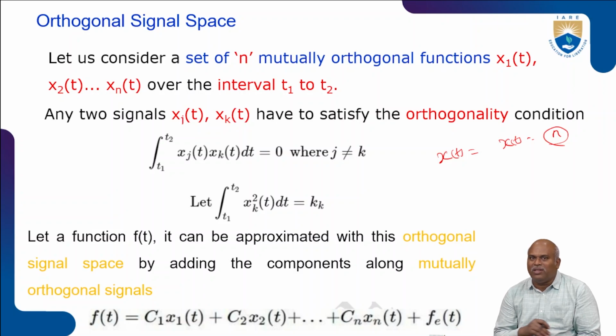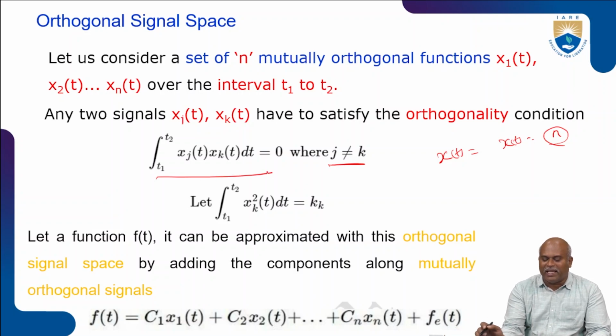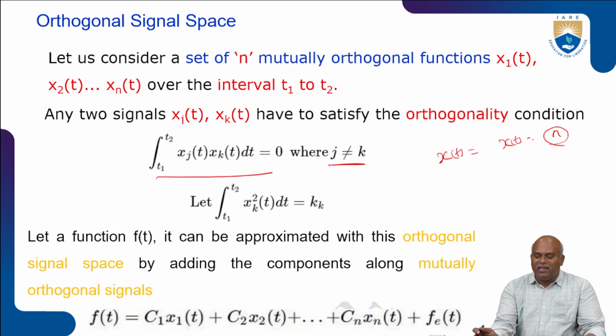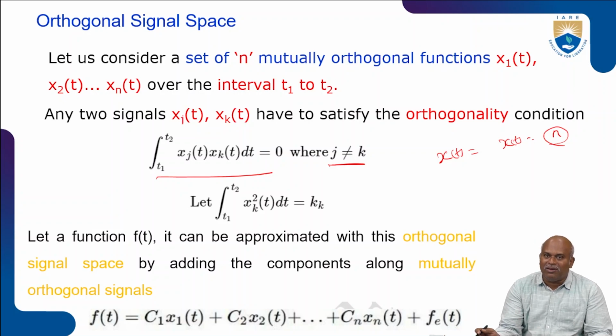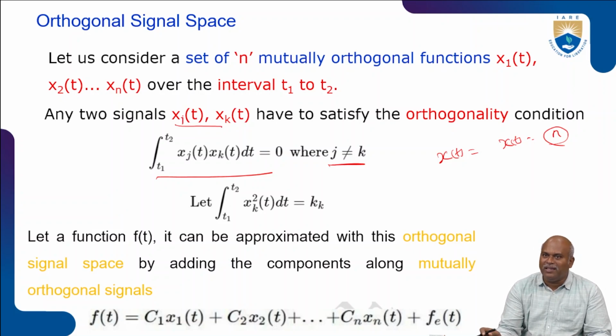In the case of the time interval, the integration from t1 to t2 of xj of t times xk of t dt is equal to 0 when j and k are not equal. That condition is taken. If j is not equal to k, then the orthogonality function is 0 for our signals xj and xk in the interval between t1 and t2.